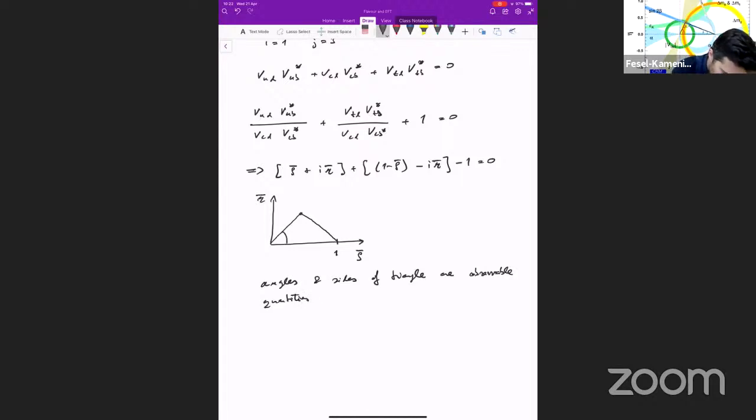Let me also define, for future reference, the notation of the angles. We typically denote the first angle here as gamma, the upper one is alpha, and this one is beta. Using measurements of rates and CP asymmetries, as we will discuss in a minute, we can in principle measure both the sides and the angles of this triangle.